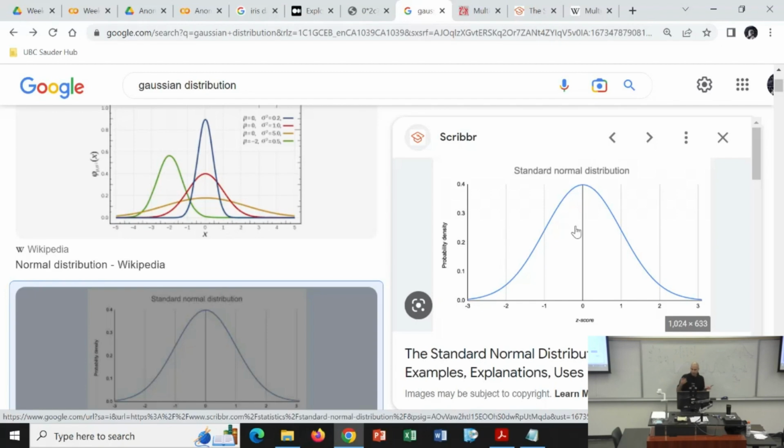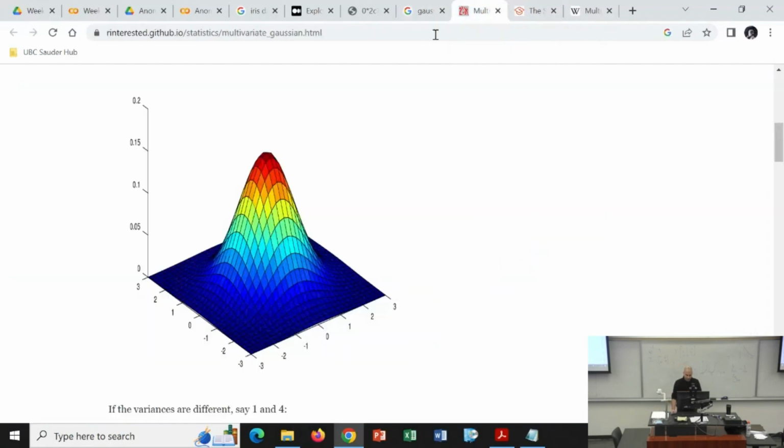As you can see, it looks like a bell, but it is in 2D because our data is only one-dimensional. But we have the multivariate Gaussian, which exactly looks like a bell. This is the multivariate Gaussian. It is in 3D because our features are two-dimensional.